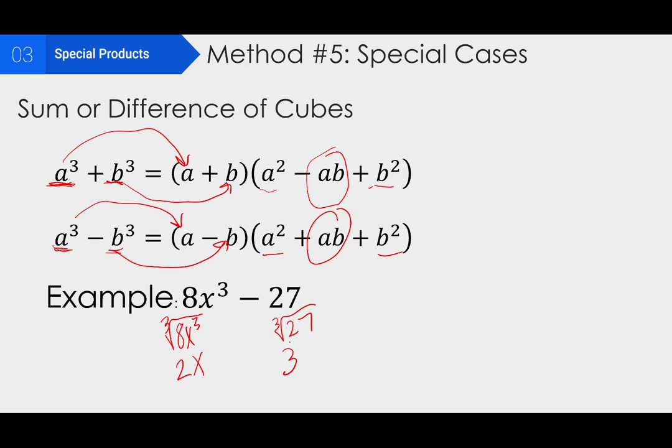So that's my A and my B. So for a minus, that's going to equal out to, I have a binomial and a trinomial, A and B. First thing squared here, and last thing squared here. And in the middle, I'm going to multiply them together.